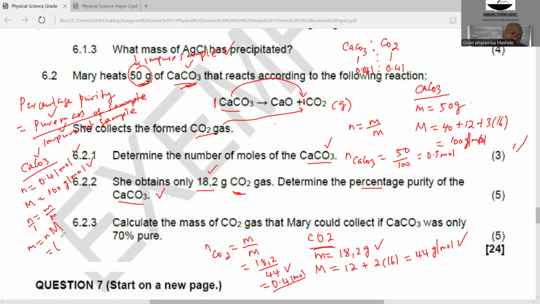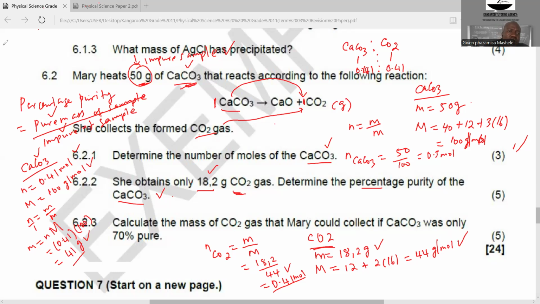So 0.41 multiplied by 100 gives us 41 grams. So it means the 41 grams is the pure sample of that calcium carbonate.